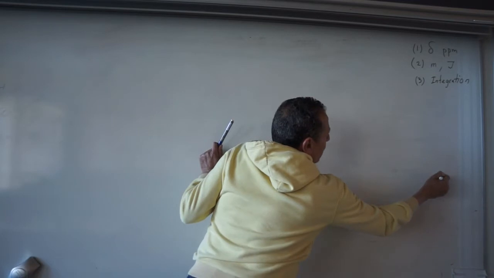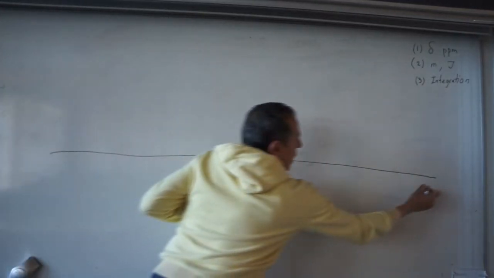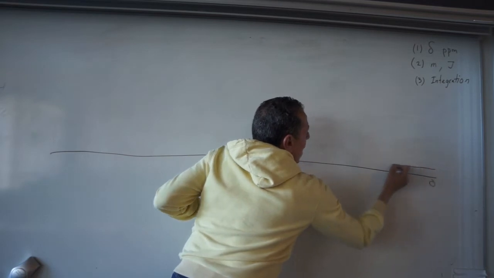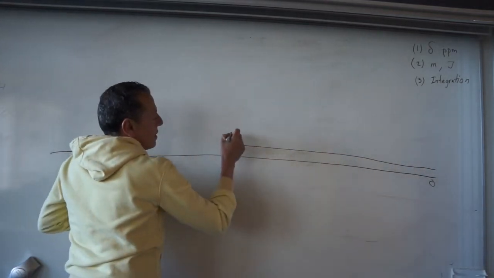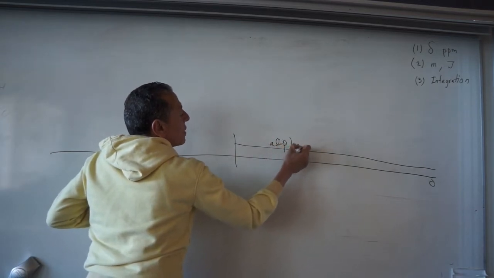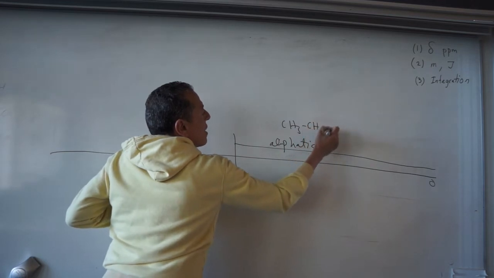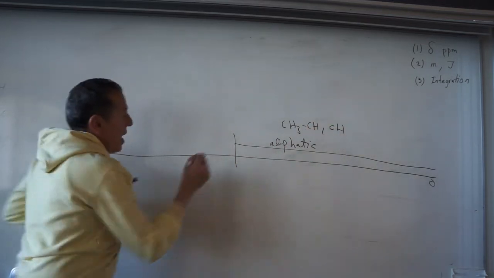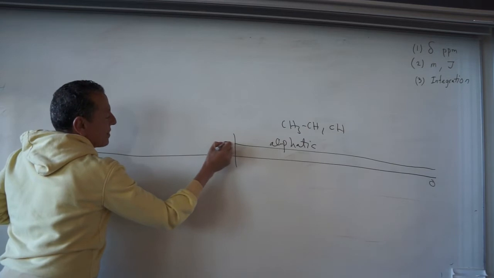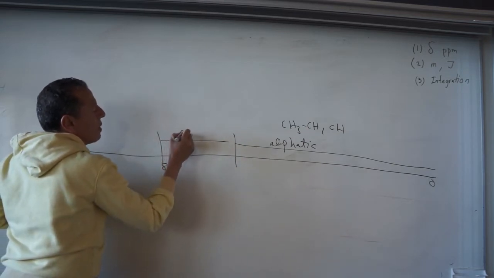In a very easy way, if you see this is a scale of proton NMR, and it starts from 0 until about 6, we call it aliphatic. This is the aliphatic region, which is CH3, CH2, CH. And from about 6 until about 8.3, you will see the aromatic.